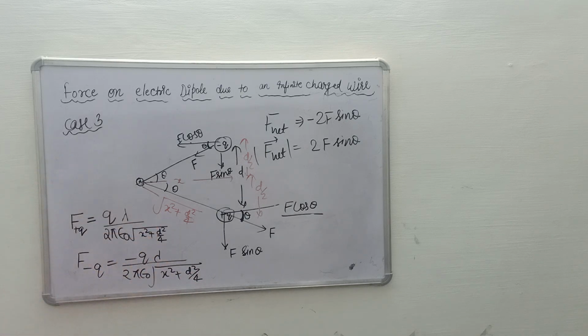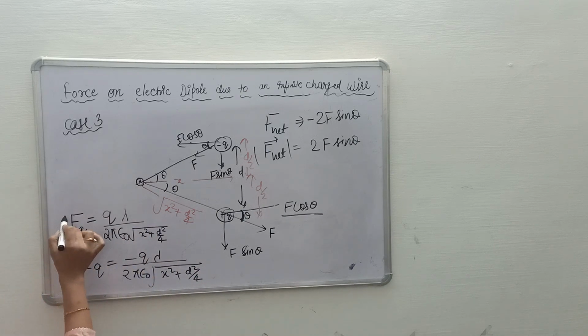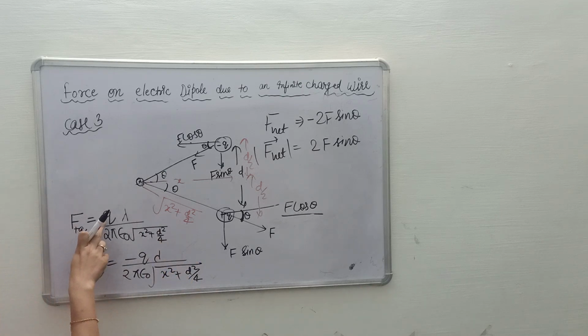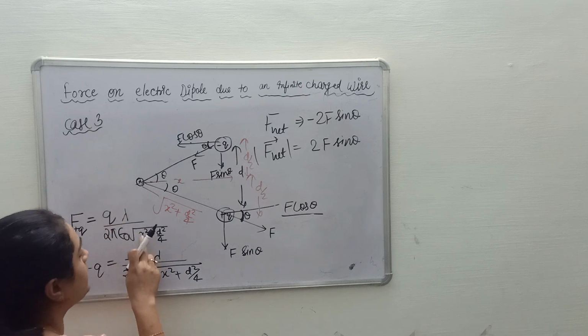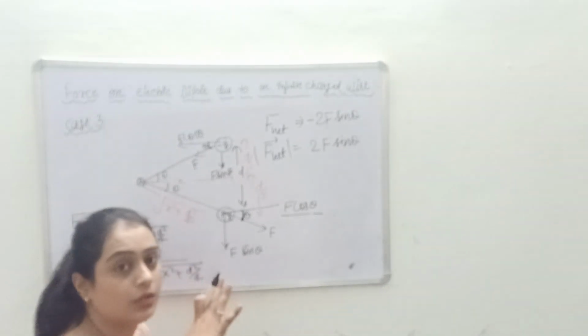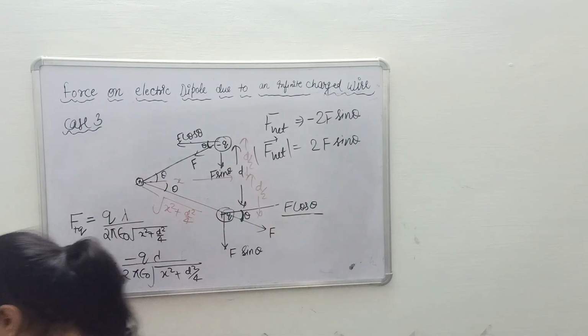Now again put the value of F. If we take the magnitude of these two forces, we have the same value, Q lambda by 2 pi epsilon naught root over x square plus d square by 4.